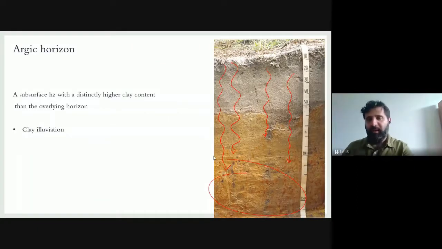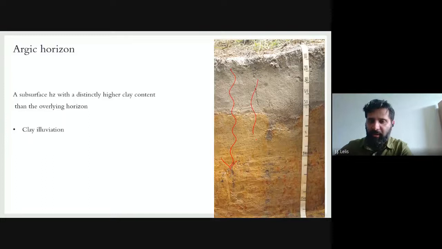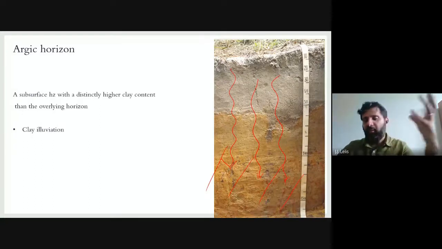So we start to induce a change of the texture between the horizons. The surface horizon is always losing material, clay particles, thin materials, and the subsurface horizon is always receiving this material, receiving the clay and accumulating and concentrating clay particles.